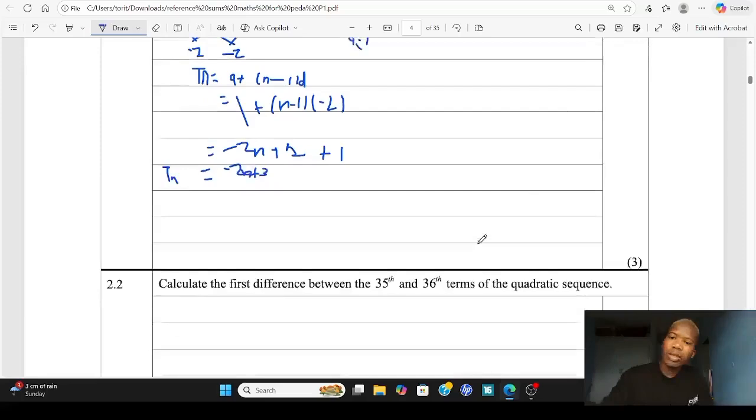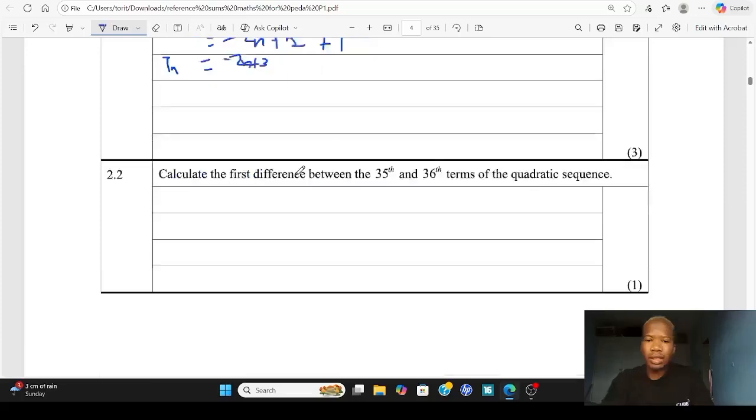So the second question says: calculate the first difference between the 35th and the 36th term of the quadratic sequence.